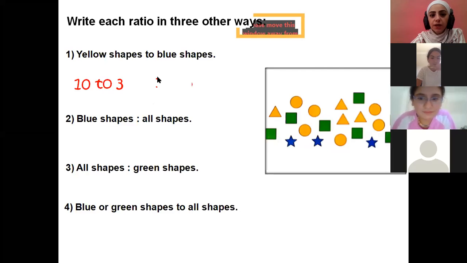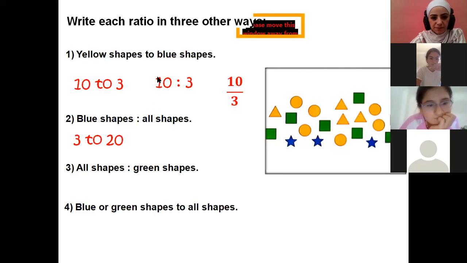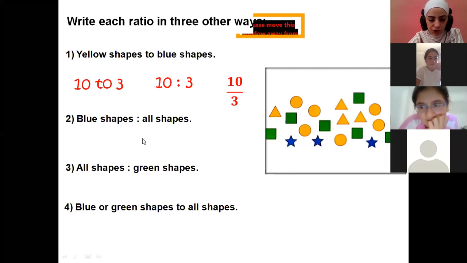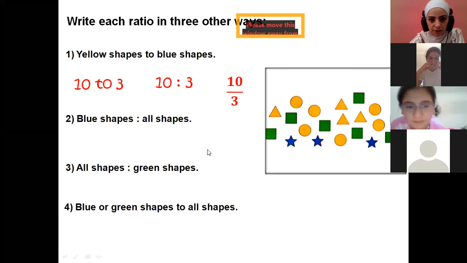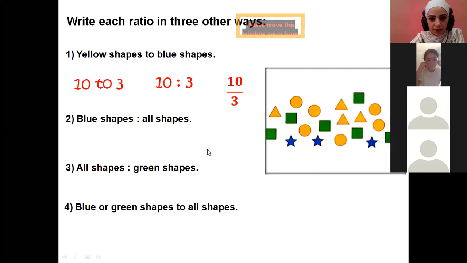The other 2 ways are by using columns and using fractions. Okay, the second question here. Blue shapes to all shapes. Naya? Yes, teacher. Blue to all. Okay.